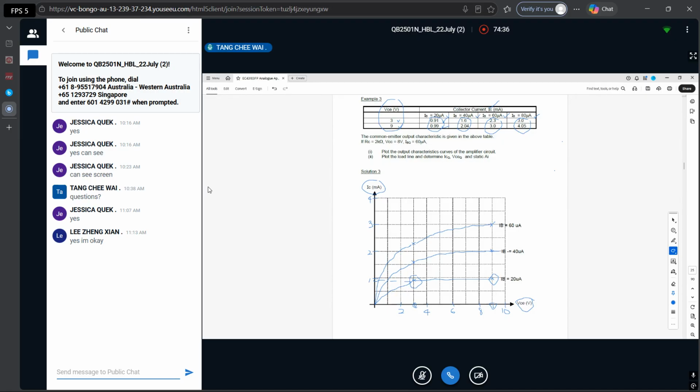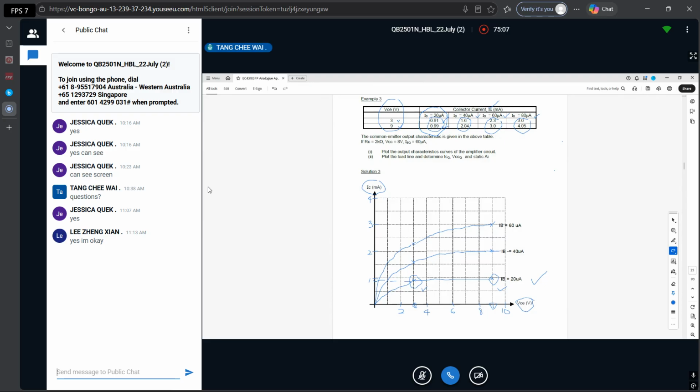So, my dear friend, I got 1 point here, I got 1 point here, and then I join the 2 points. And that will be my characteristic curve for my base current at 20 microamp. The first curve, over here, right at the top here. First curve. Okay, I settle already.